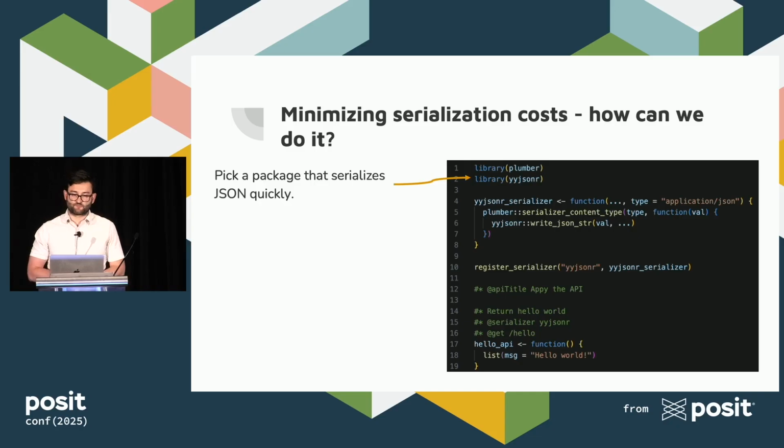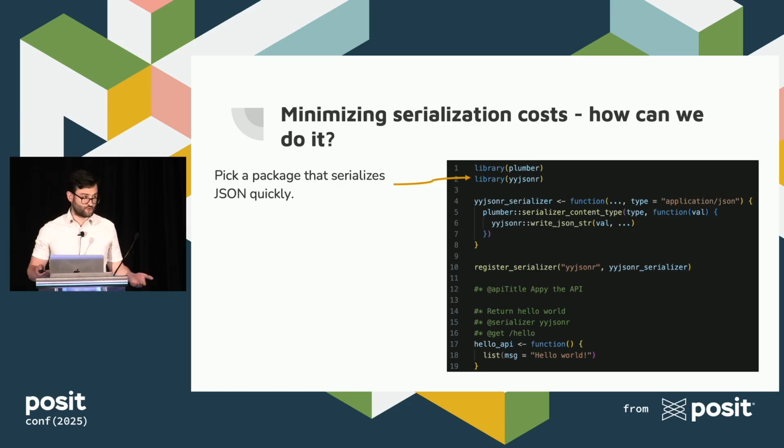Out of the box, Plumber uses something called JSON-Lite, which is a robust, battle-tested package. It's great. But in this example here, I'm using something called YYJSONR, which uses a very fast C library under the hood to read and write JSON in record times.